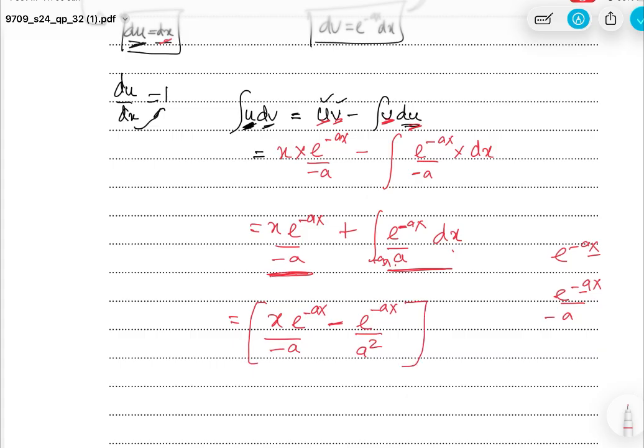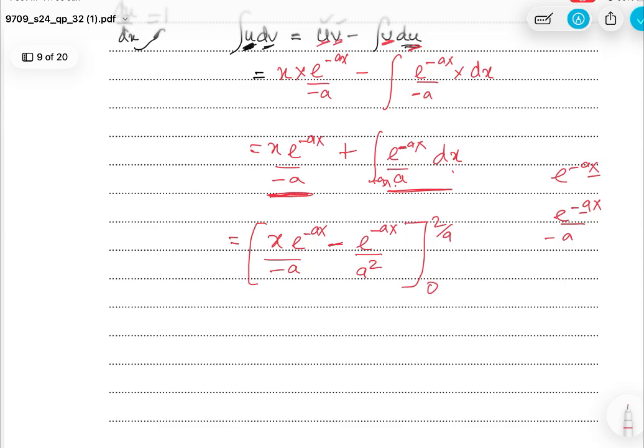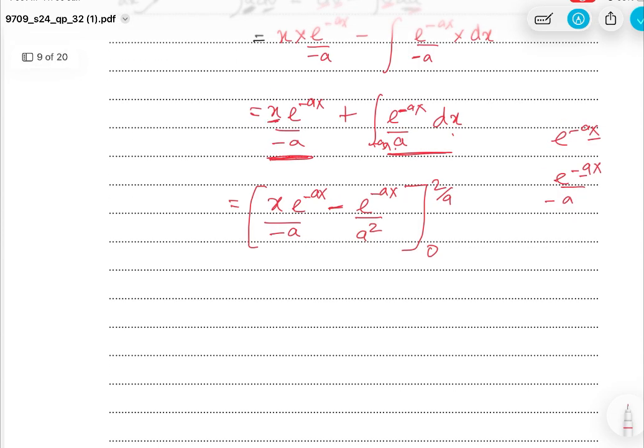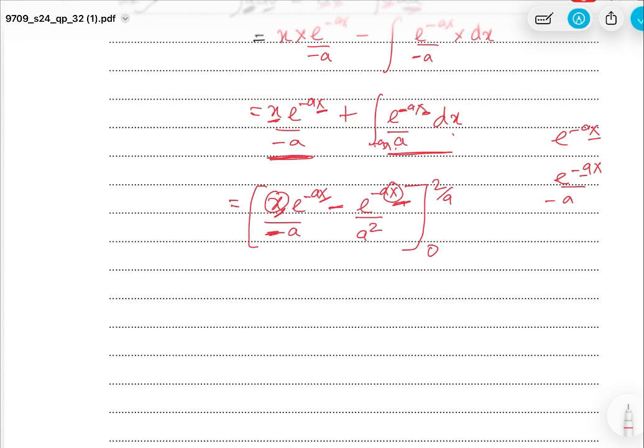Now we will apply the limits. What is the limit, my friends? Limits are 0 to 2 by a. So we will apply the limit 0 to 2 by a, upper limit minus the lower limit. Let's apply the limits one by one. Instead of x, we will place the limits over here. First I am placing 2 by a. Now we will substitute the value.